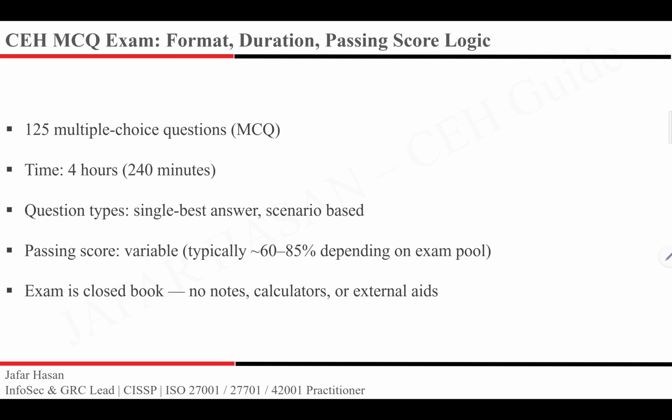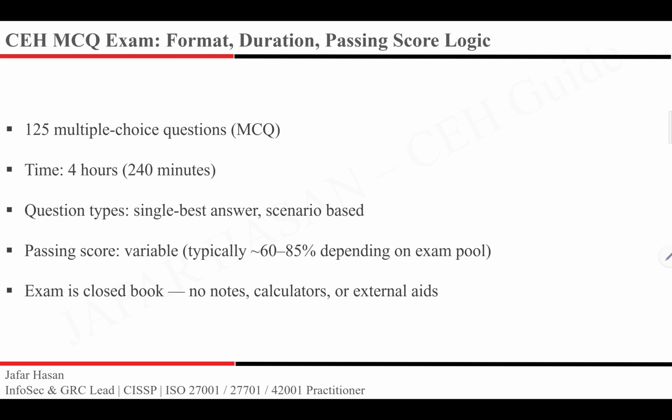Most questions are scenario based where they test your concept and practical awareness together. Now listen, EC-Council uses multiple exam forms with different difficulty levels. That's why you heard that the passing score varies from 60 to 85%. So don't panic about a number, focus on concept clarity and consistent practice.